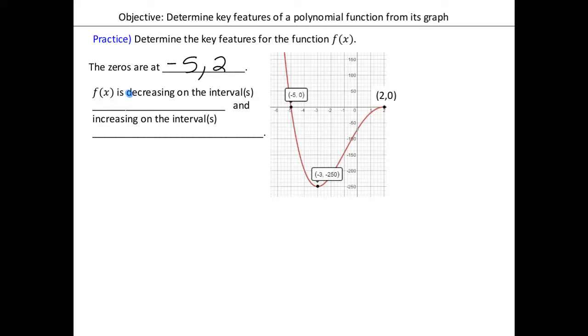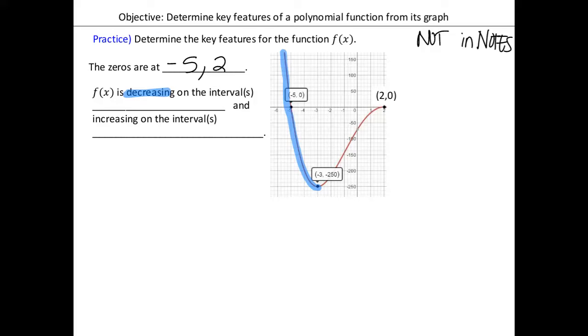So remember, decreasing is going downwards. So I'll highlight it for you guys, and then you guys figure out the intervals. So decreasing, remember, it's top to bottom. Again, this is not in your notes, so you don't have to go look for it. You guys are just going to talk to your partner about it, okay?